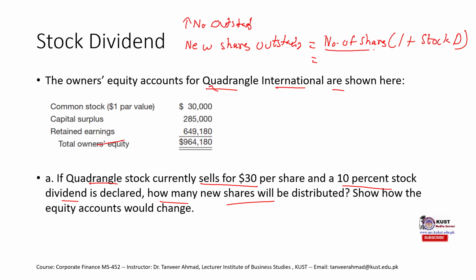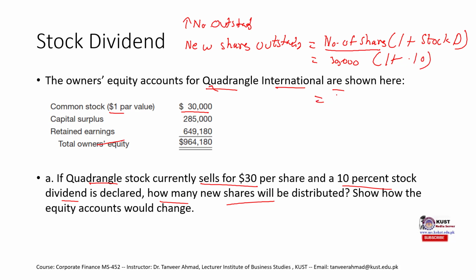How do we know the number of shares? The number of shares are not given in this question, but we know that if $1 is the par value and the equity account is showing $30,000, then we immediately know that there are 30,000 shares outstanding previously. Then the stock dividend percentage is 10%, so it would be 0.10.